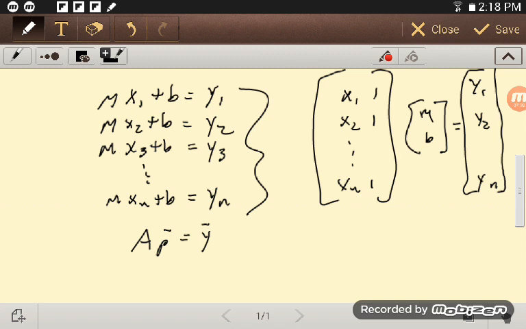Then there's no solution to this problem. But it turns out if you multiply by A transpose on both sides, what you get is a 2 by 2 matrix system, which is really just a linear system of 2 equations, 2 unknowns, and you can solve this.